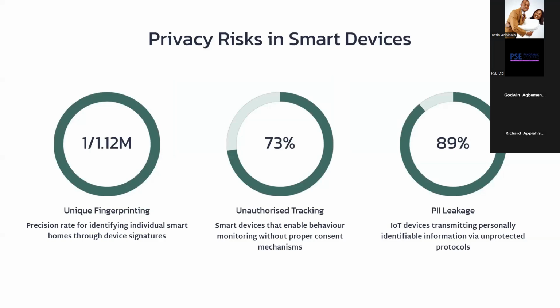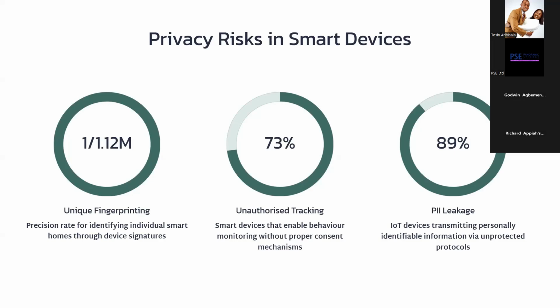There is some level of unique fingerprinting in there, where we have the precision rates for identifying individual smart homes through device signature. So devices that we use have some level of distinct signatures on them. So we have 1 to 1.12 million. So we have also unauthorized tracking. So you have 70% of devices that are tracked without any form of authorization.